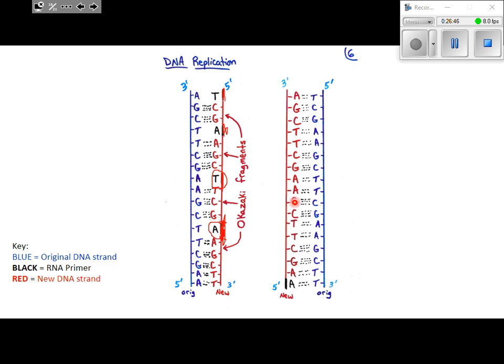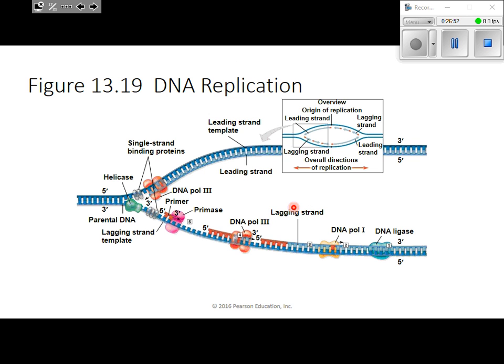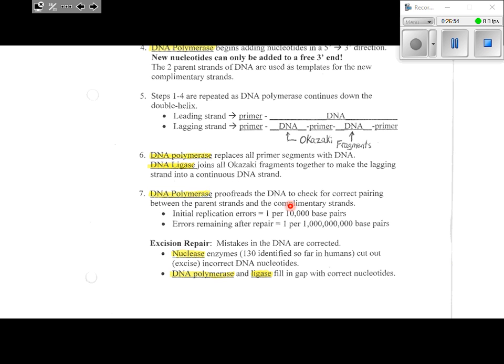Or if we have an A where there should be a G, that will be detected. Usually the mistakes are found by DNA polymerase. And there's a process called excision repair where the wrong DNA is cut out. Excision means to cut out.